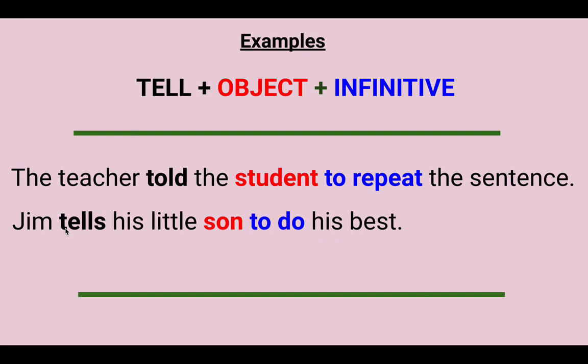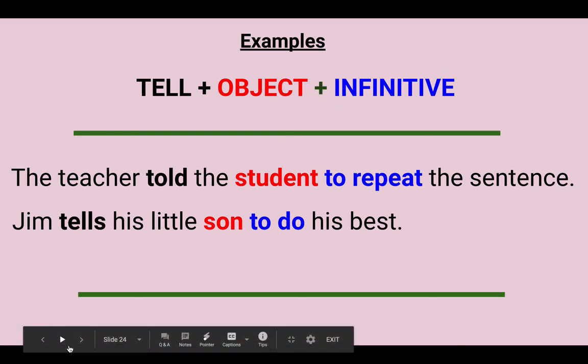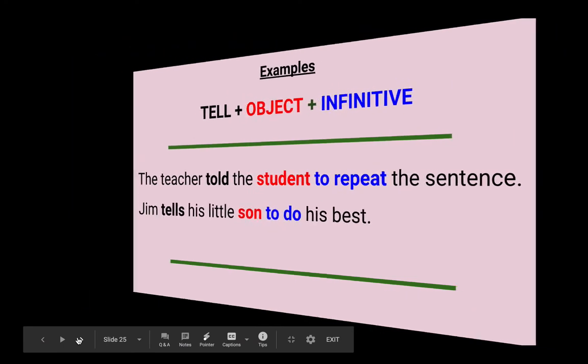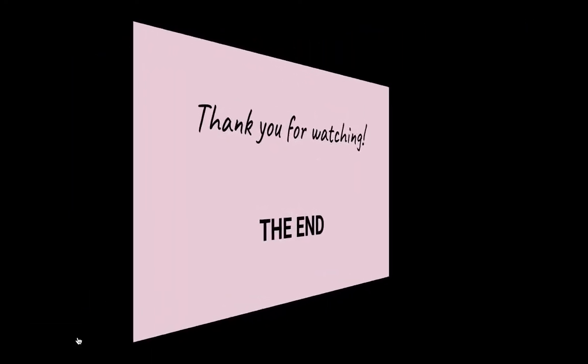Jim doesn't do his best, but he causes his little son to do it. So in each case, we have the causative verb tell plus the object, student or son, and the infinitive to repeat or to do. All right, so that is a fairly short explanation.